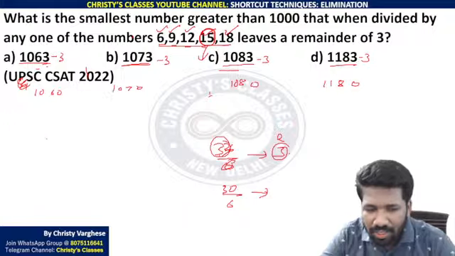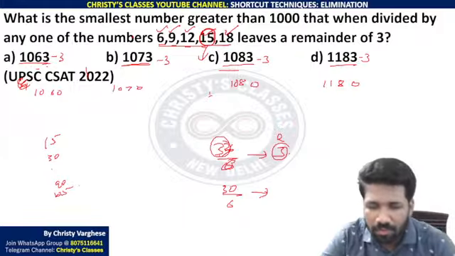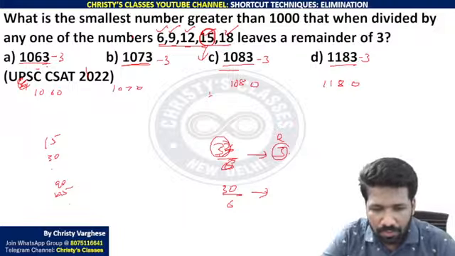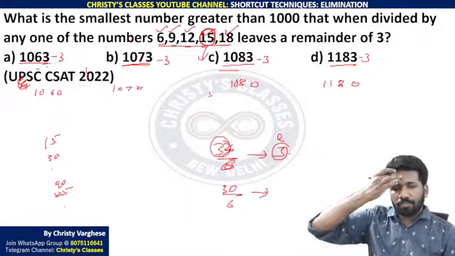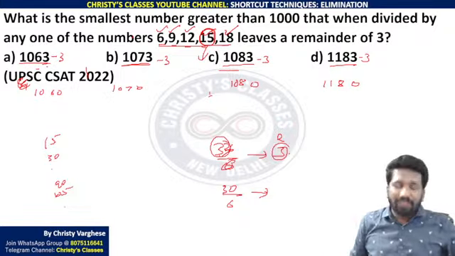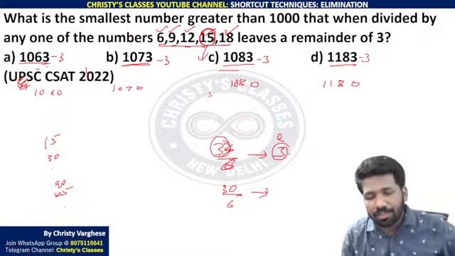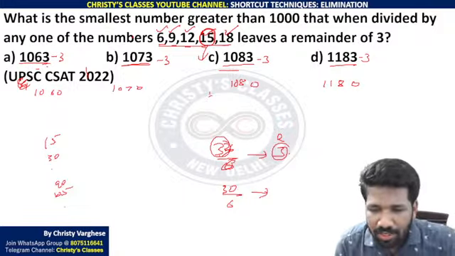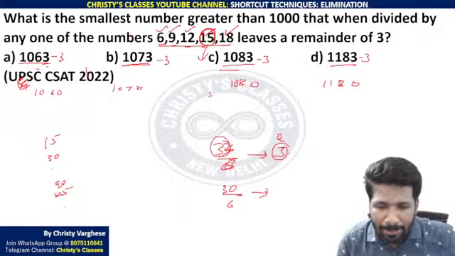Because we know 15's multiples: 15, 30, 45, 60, 90, then 105. A bit of divisibility test also, if you check, that is better, because here one single option you cannot eliminate by that.